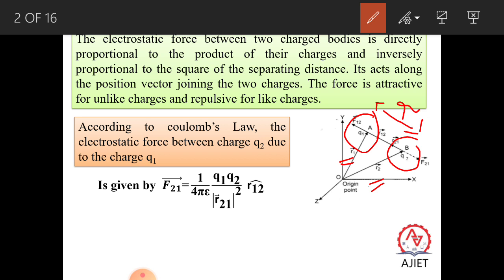The force existing between the charges, F21, is the electrostatic force on the charge Q2 due to the charge Q1.